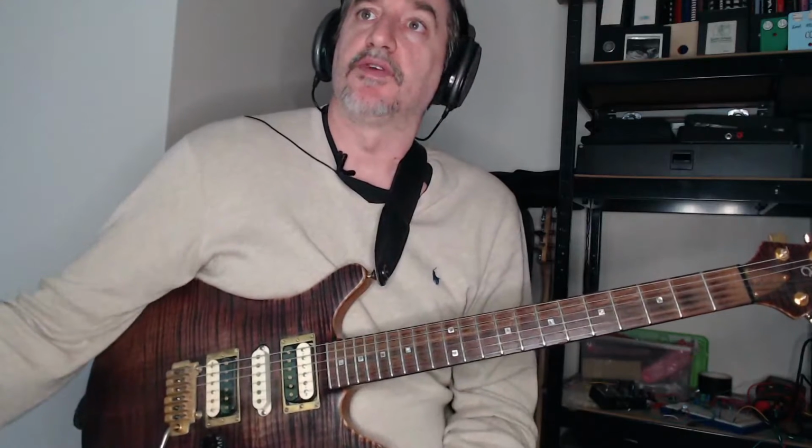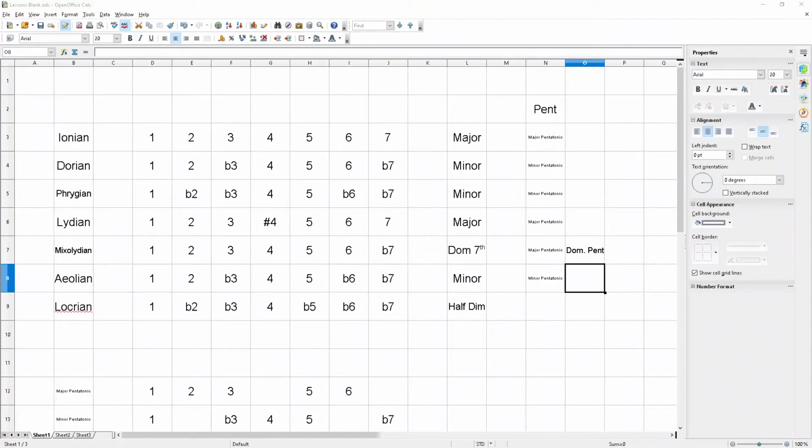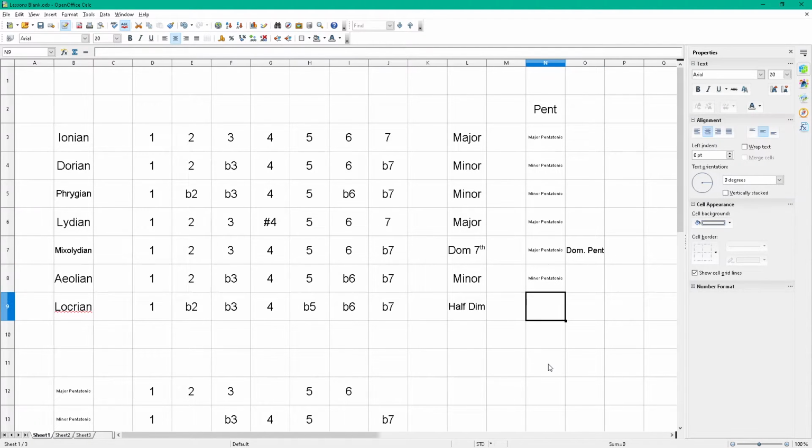So, if we look at our modal approach to pentatonics, now we know that for Locrian, we need to go down 2 tones and play a dominant pentatonic. So, dominant pentatonic, down 2 tones.